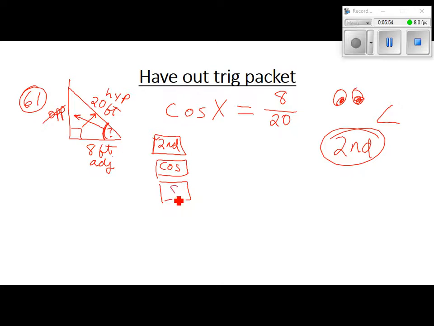Then you punch in 8 divided by 20, close the parenthesis, then you hit equals or enter, whichever one your calculator has. And we probably will round it off. I don't know if they told us. Yeah, they said angle measure to the nearest degree.